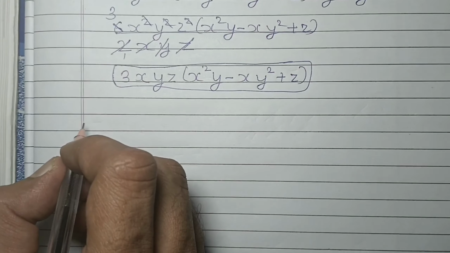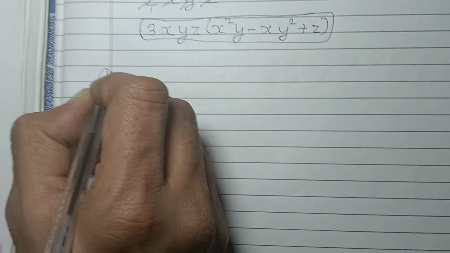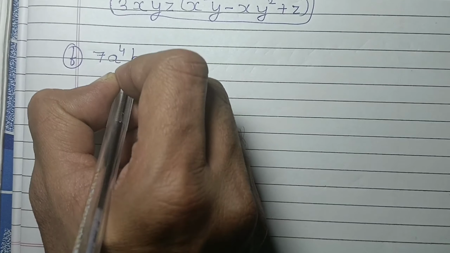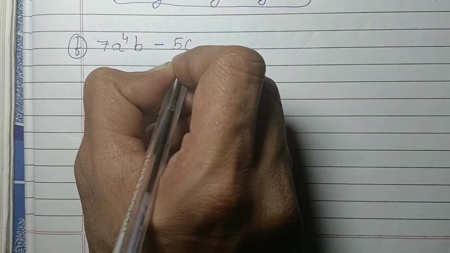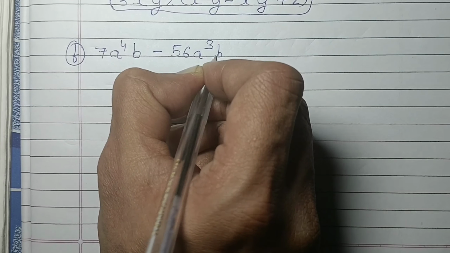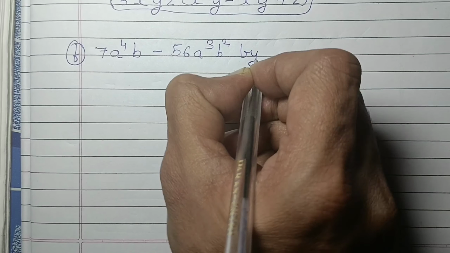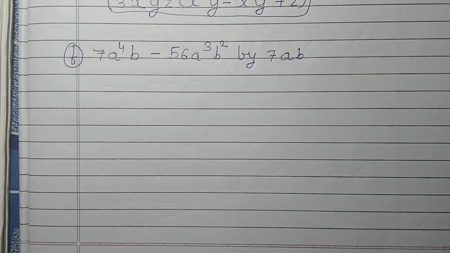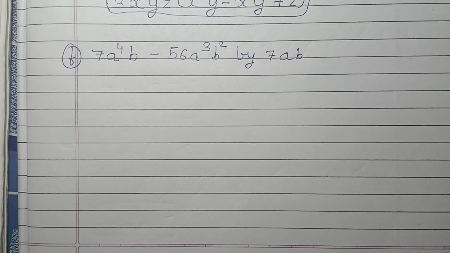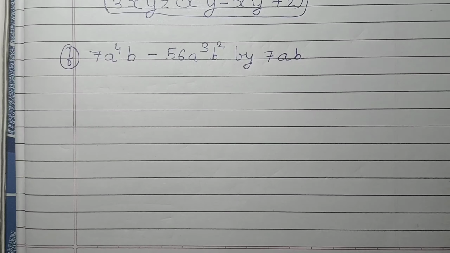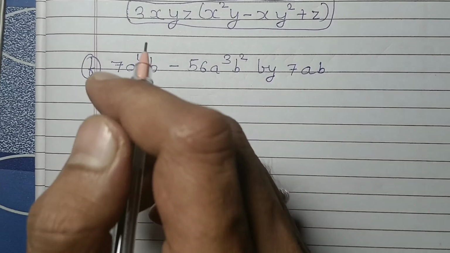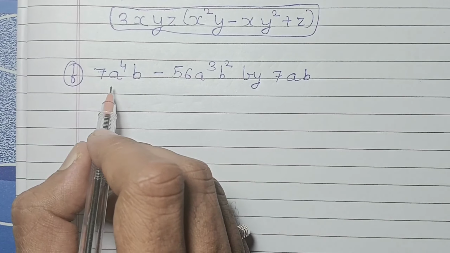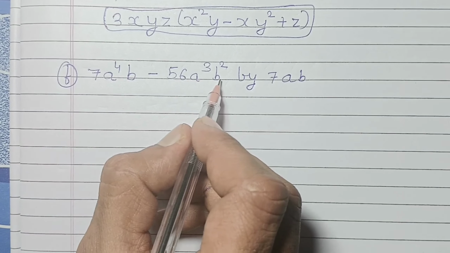Now we'll solve the next question, that is F question, which is 7a to the power 4 b minus 56 a cube b square divided by 7ab. Okay, so we can take out 7 common among these, and also a cube and b.